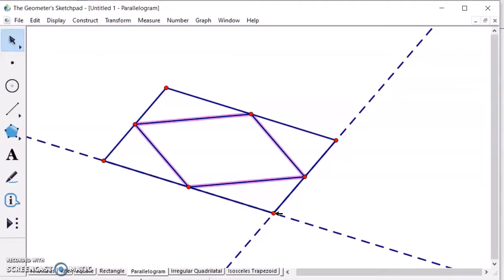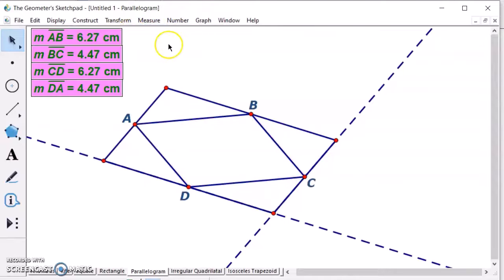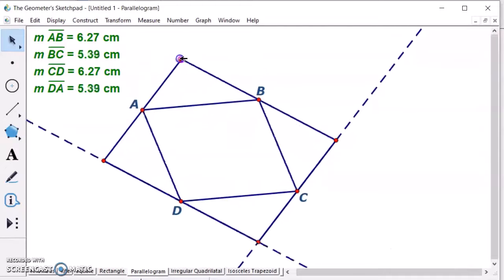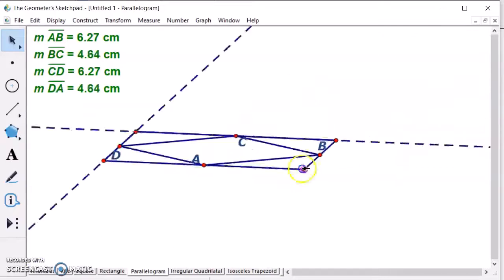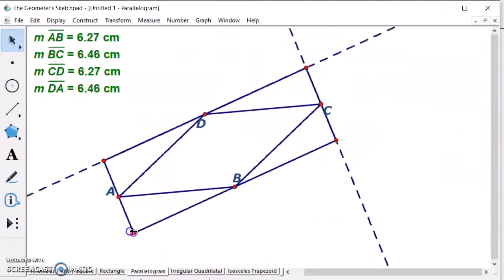And I want to find their midpoints and join them. And this is the figure that I'm mostly interested in. What shape is that? ABCD, what shape is that?